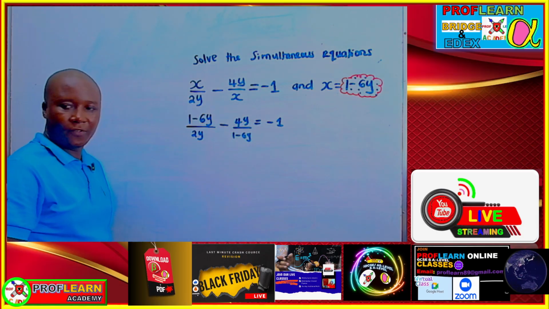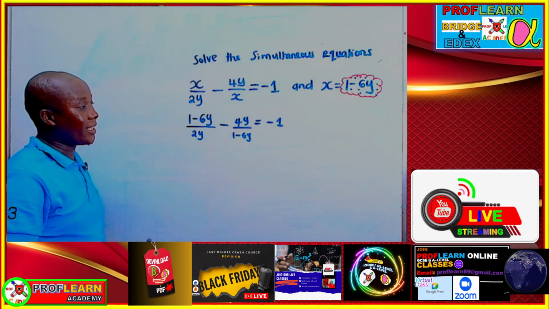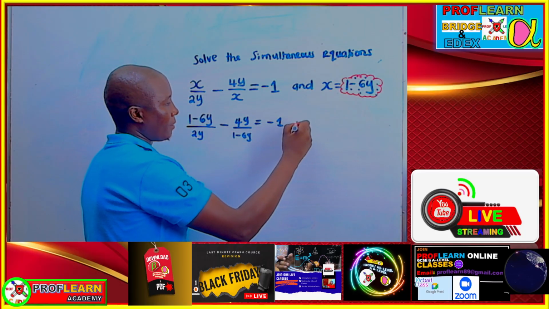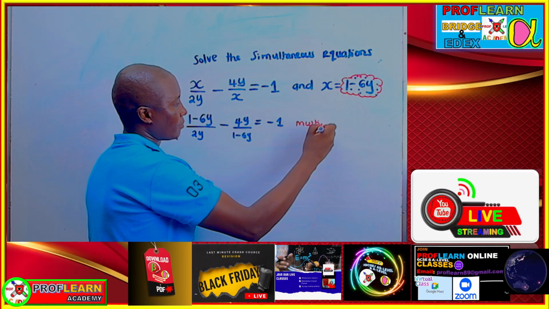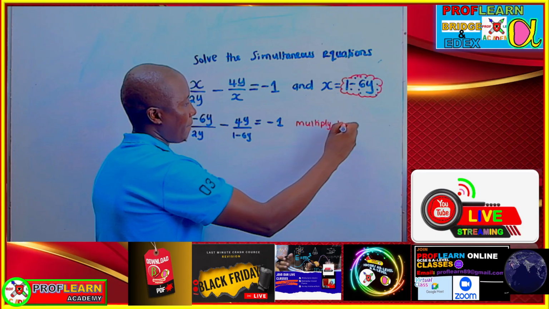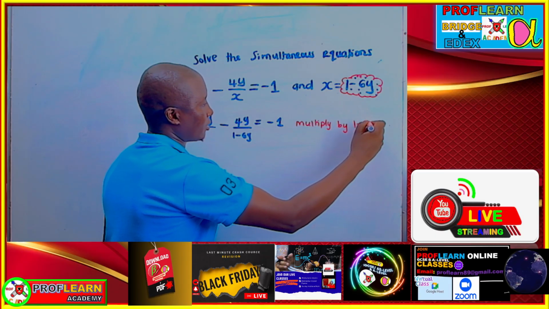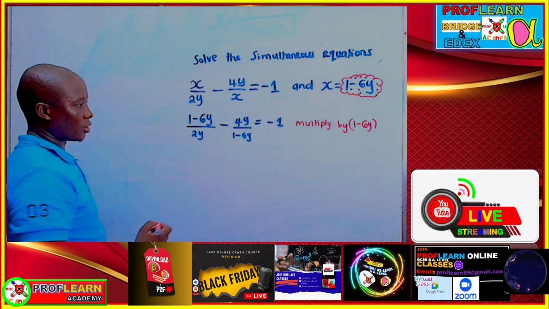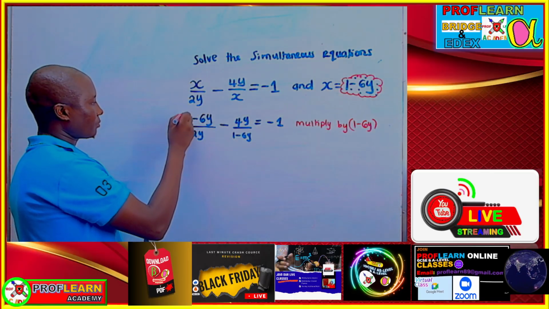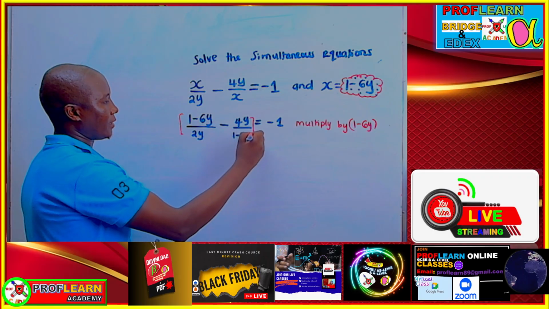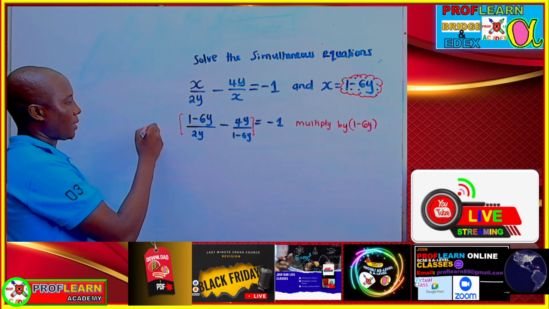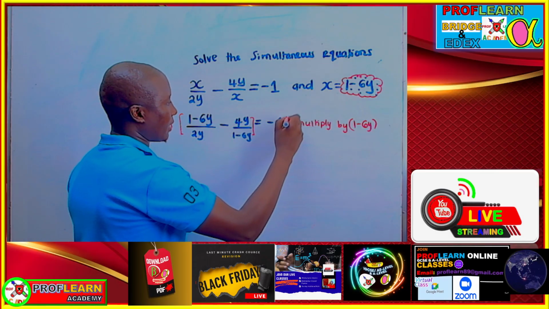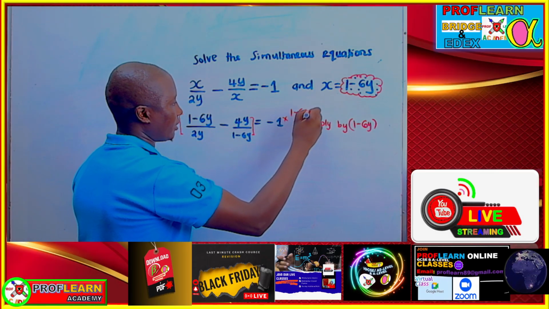Now, once I've done that step, the next thing is I need to multiply all through by 1 minus 6y. Every term multiplies by that. So this side and this side, I'm going to multiply by 1 minus 6y, and also this side I'll multiply by 1 minus 6y.